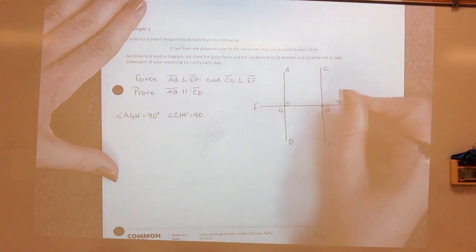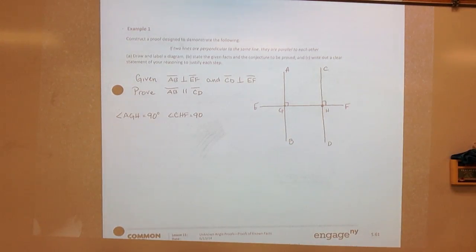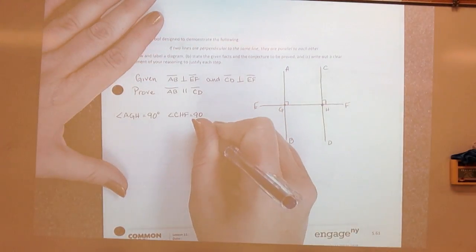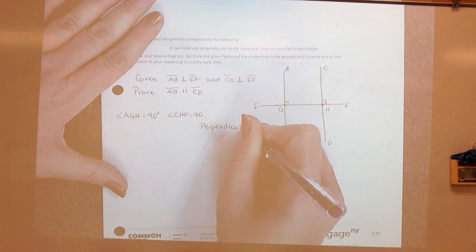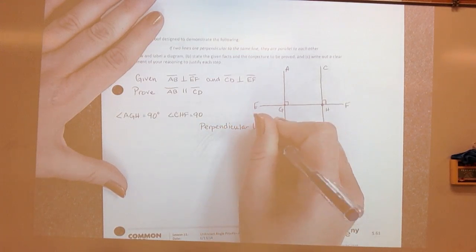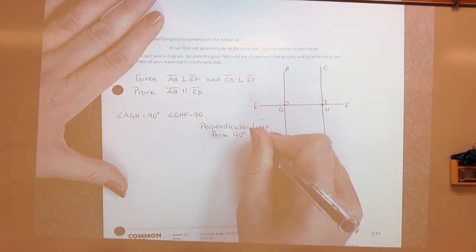How do I know that? Because perpendicular lines form 90-degree angles.